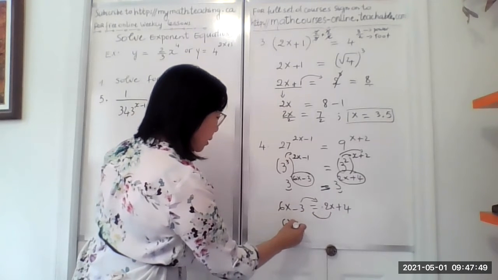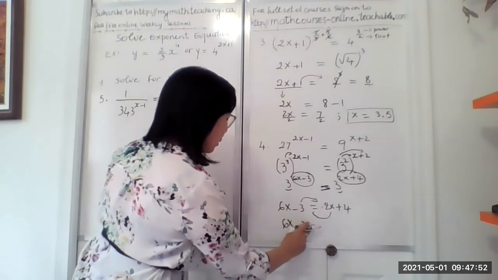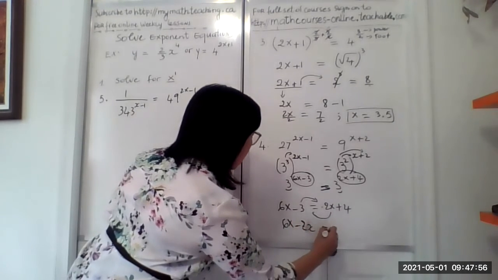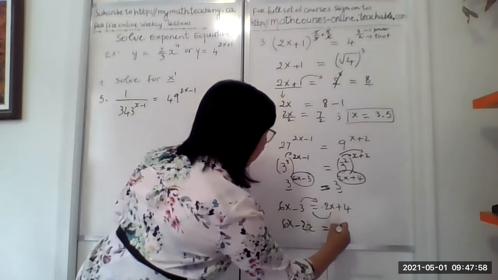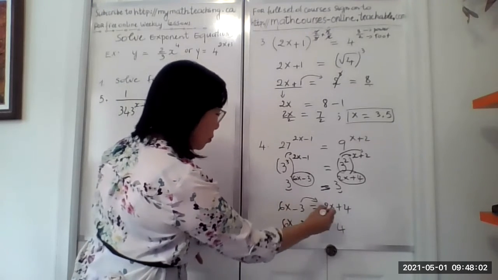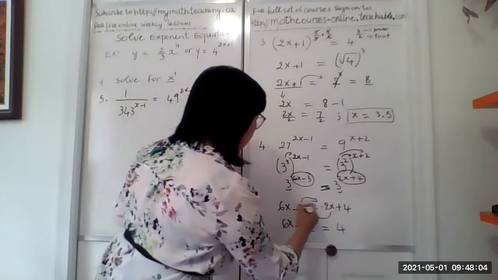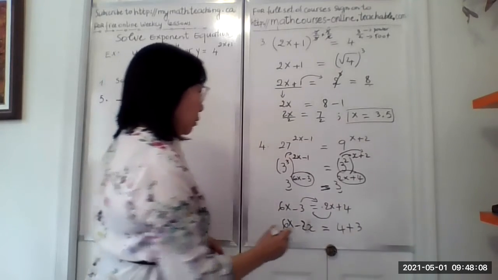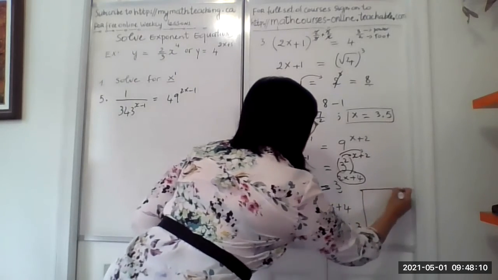This is positive, so it becomes negative: minus 2x. Equal. I'm going to keep the number 4 on the right, not changing it. The number 3, I move it, so I have to change the sign. Negative becomes positive.